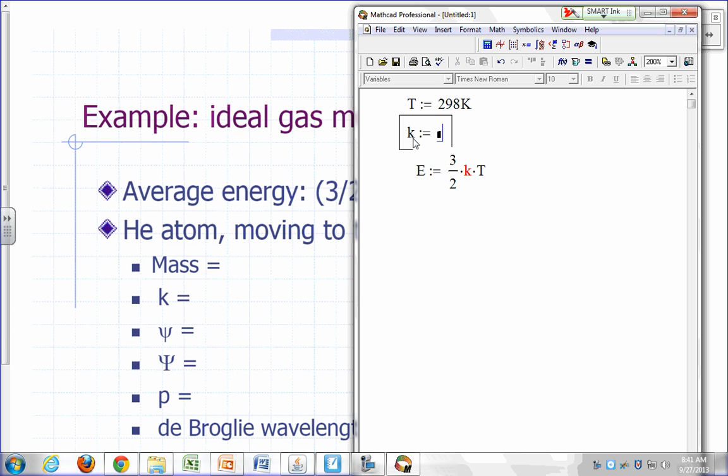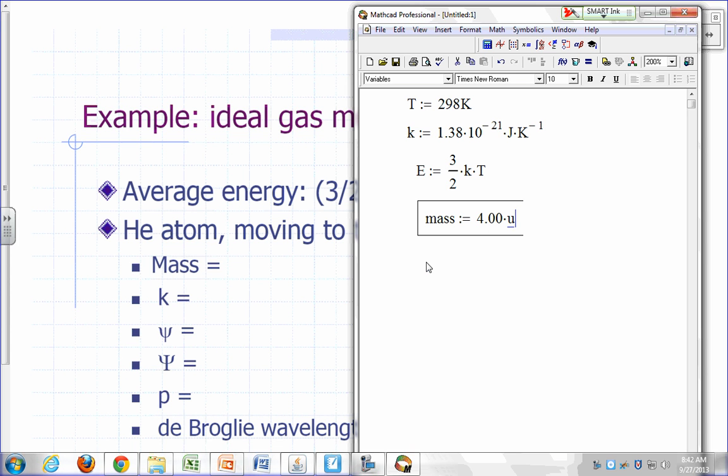k equals 1.38 times 10 to the negative 23, Boltzmann's constant, in joules per Kelvin. Okay. And what's the mass of our helium atom? 4 AMU.